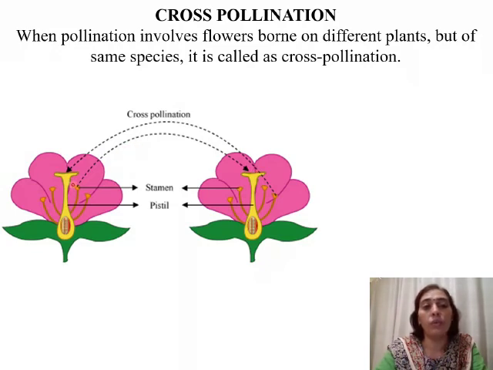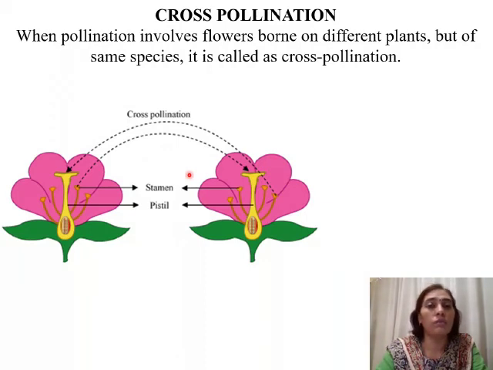Now how are the pollen grains going to be transferred from one flower to another? We have different agencies which bring about this transfer of pollen grains. Firstly, we have wind. Pollen grains are very light and they can be carried by slightest breeze.